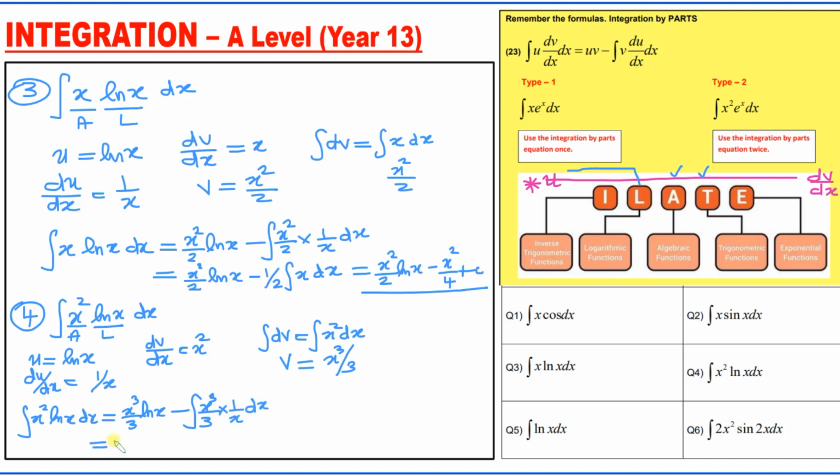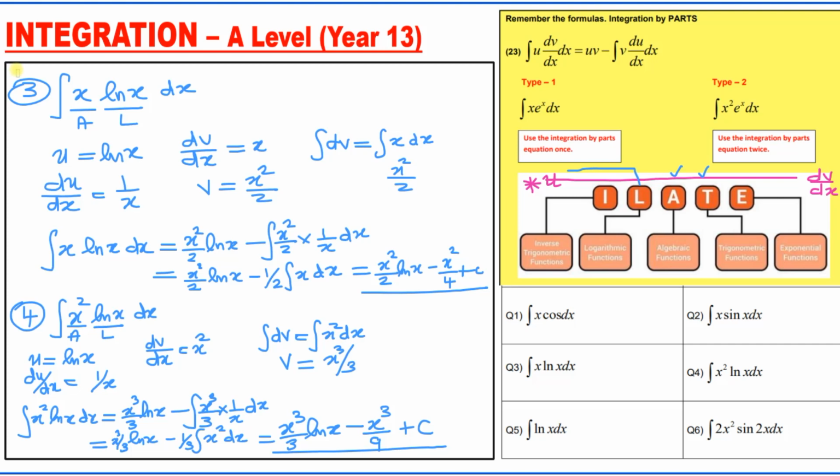That answer will come as x cubed over 3 ln x, right, minus 1/3 integration of x squared dx, right? And now you can easily find out the answer as x cubed over 3 ln x, minus x cubed over 3 times 3, x cubed over 9, plus c. And that is question number 4. And question number 4, everyone, done.